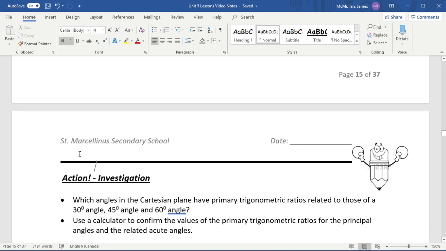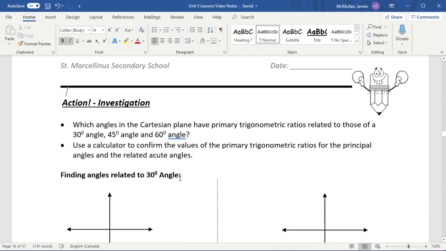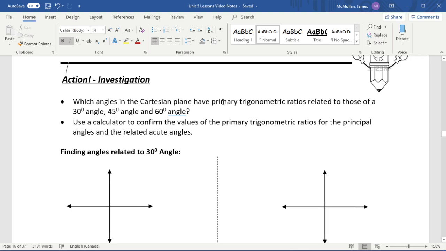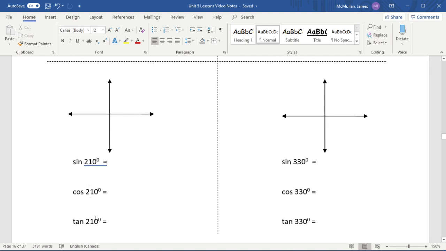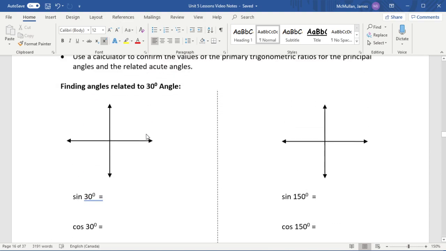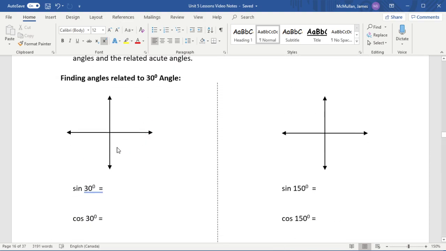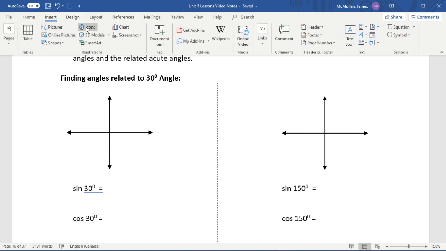So now we're going to try to make sense of what the calculator is doing when I type in sine, cos, or tan of a number that can't possibly be part of a right triangle. So let's begin by looking at sine, cos, and tan of 30. If you have this page with you, you should draw this, and if you don't, just draw it on a piece of paper.